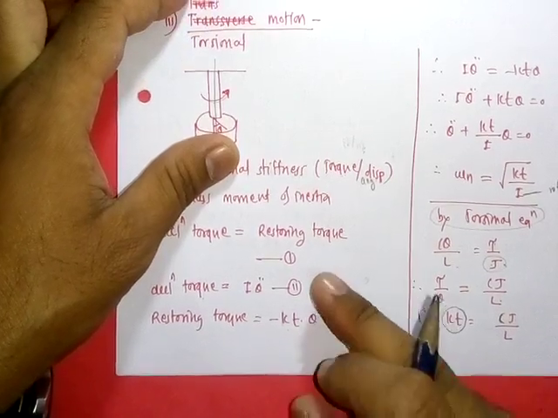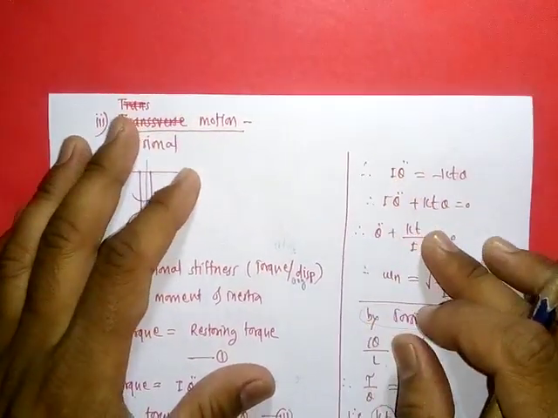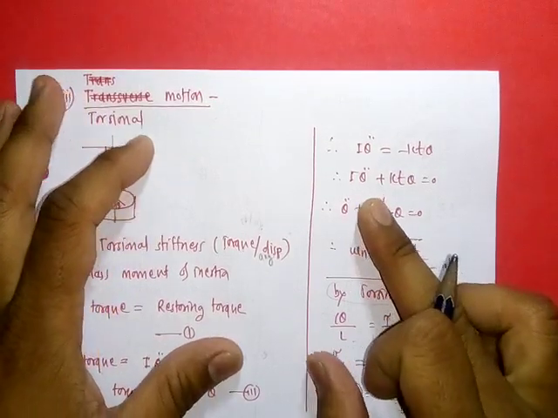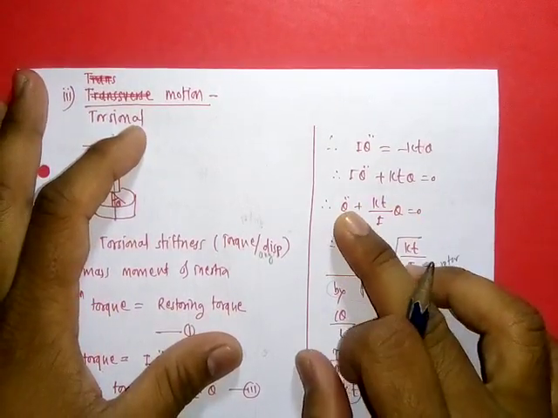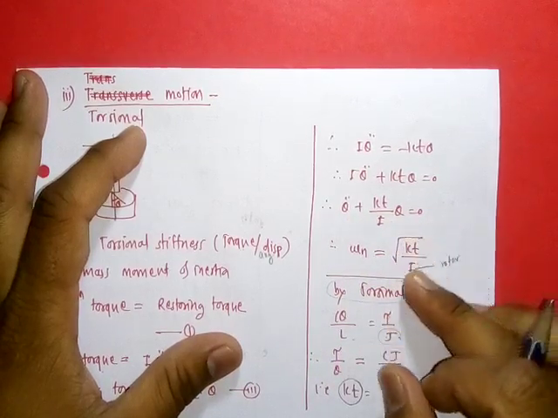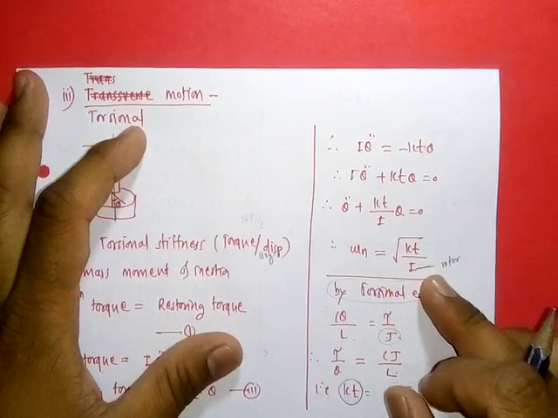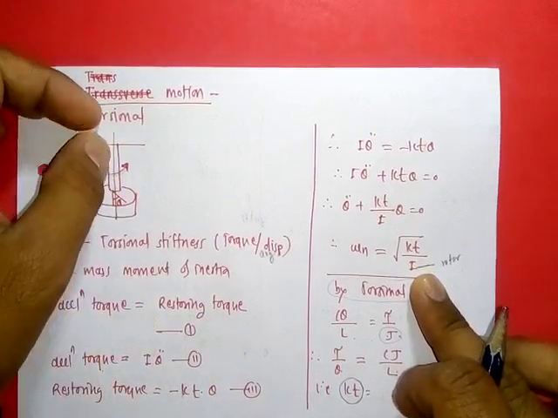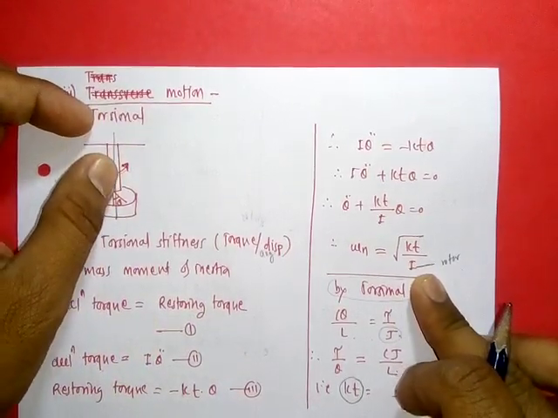Equating both, we get I theta double dot is equal to minus kt theta, so I theta double dot plus kt theta equal to 0. So theta double dot plus kt upon I theta is equal to 0. Therefore omega n is equal to under root kt upon I. Here I is the mass moment of inertia of this rotor, not of this shaft.